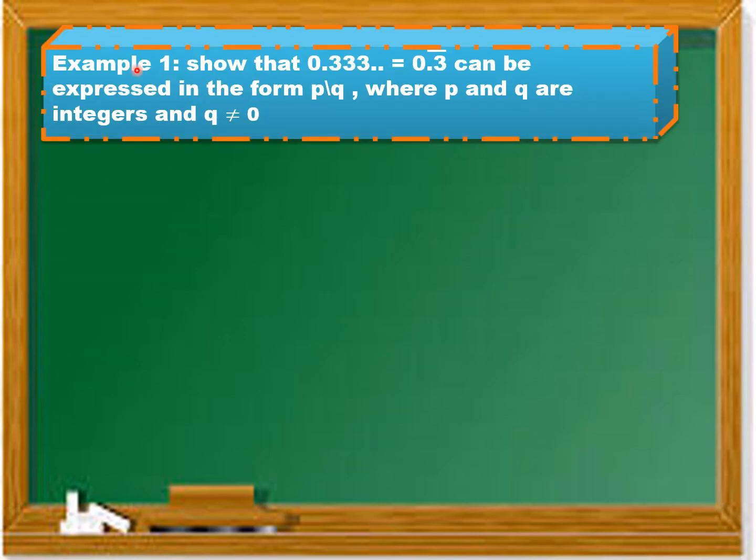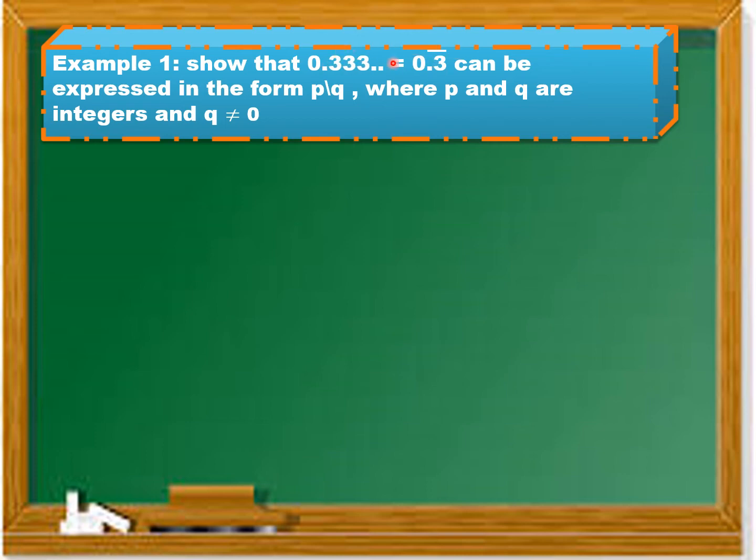So the first solved example: show that 0.33 dot dot dot, which is equal to 0.3 bar, can be expressed in the form p by q, where p and q are integers and q is not equal to 0. What does this bar represent? The bar is placed over a particular number, and that number is going to be repeating like this.